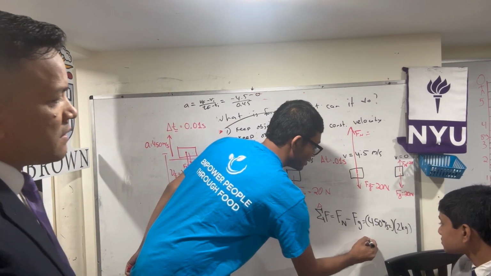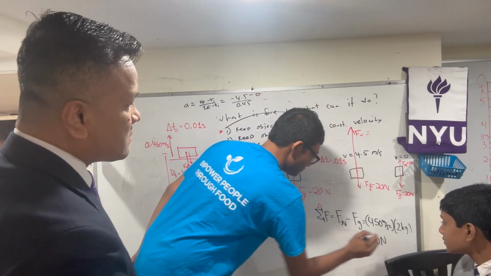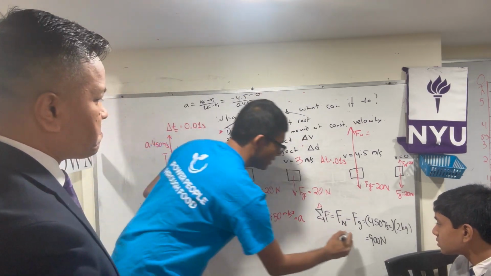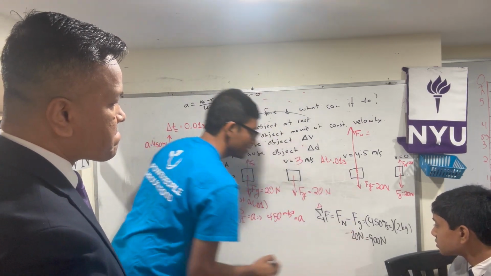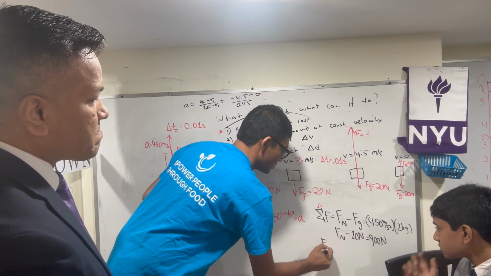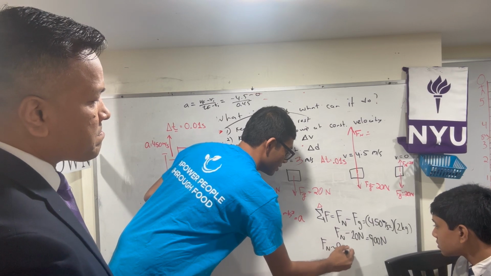So this is 900 newtons. We know the gravitational force on the book is 20 newtons. And so that means if we solve for the normal force, we will get 920 newtons.